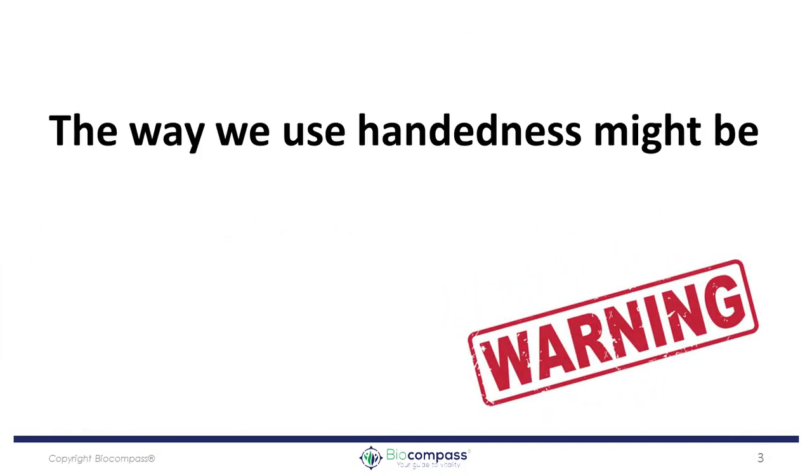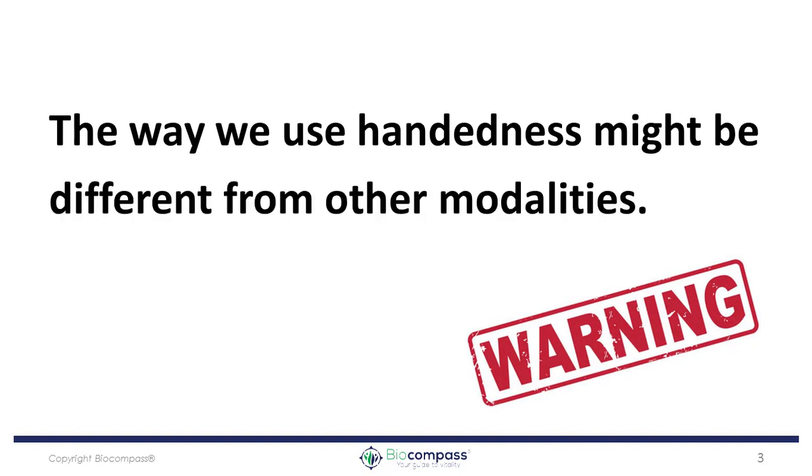Okay, warning. The way we use handedness in BioCompass might be different from other modalities. Other modalities might determine it in a different way. We do it with handedness because it's the most accurate way. Handedness gives you an insight into how the brain is wired at birth.